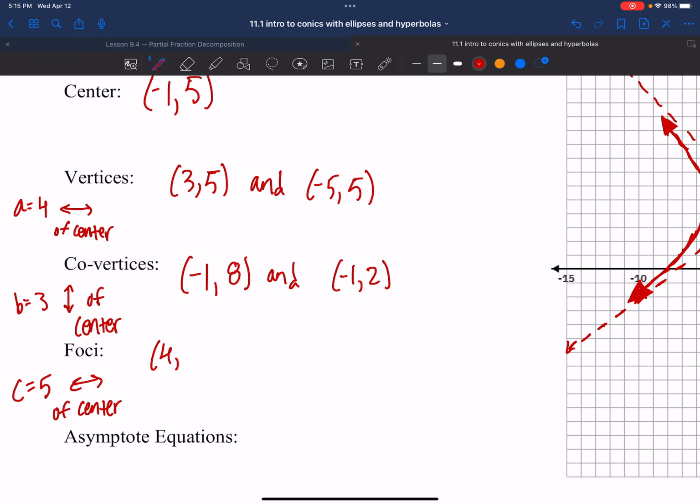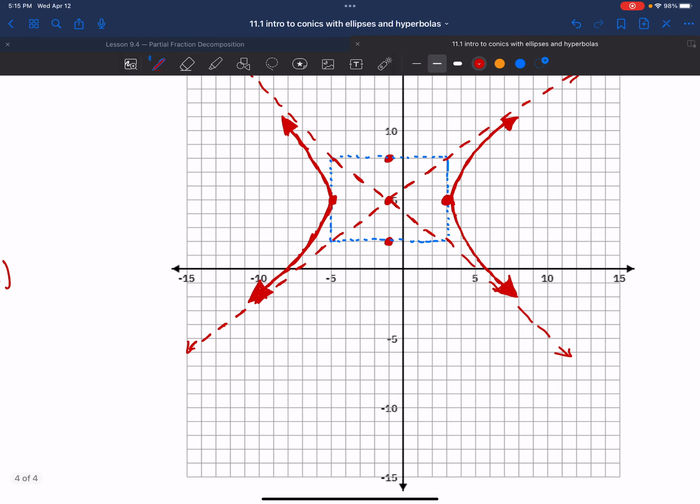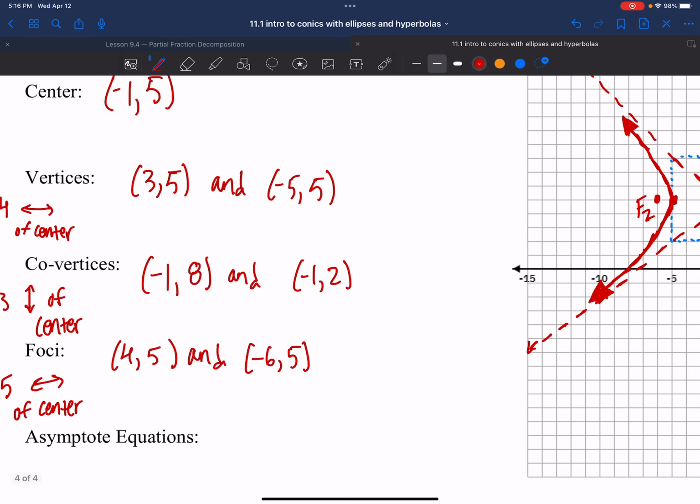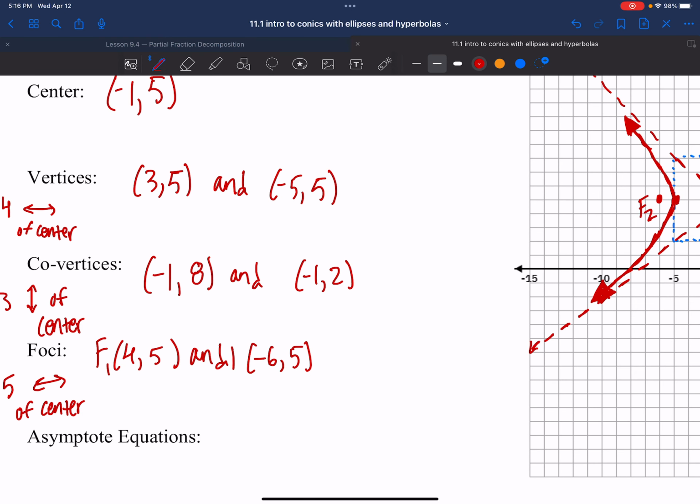So I should have 4 comma 5 and negative 6 comma 5 by subtracting and adding 5 to negative 1, which means my foci are going to be right there. Okay, I'm going to call this F1 and I'll call this F2. So this is F1 and that's F2.